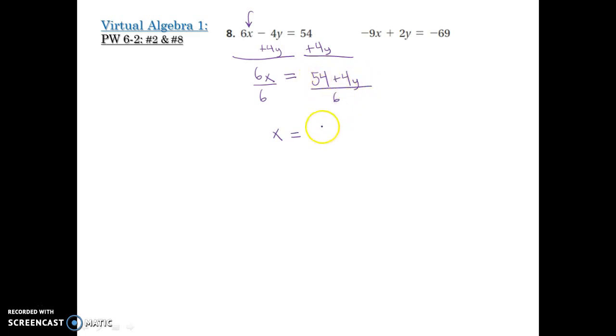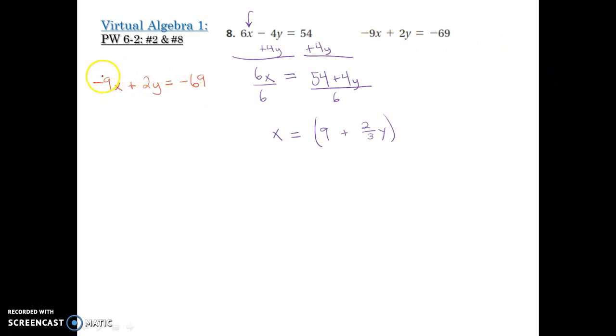So 54 divided by 6 is 9. And then 4 over 6 reduces to 2/3. So 2/3 y. So now I have something that x equals, which means I am now allowed to substitute this expression into the other equation in place of x. So let's do that.